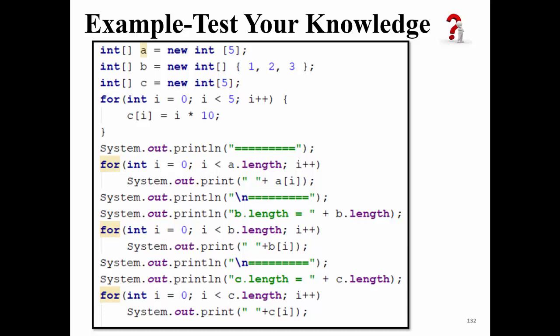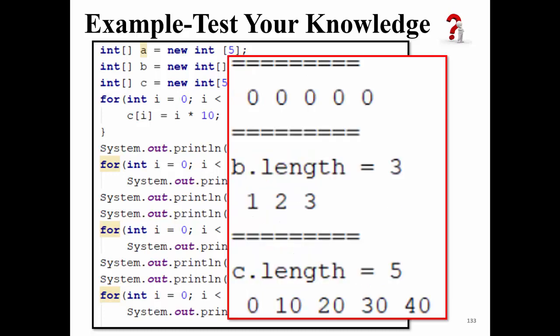What's the length of P? And what's the length of C? The content of A is 0, 0. P has 3 elements, 1, 2, 3, and C will be 0, 10, 20, 30, and 40.